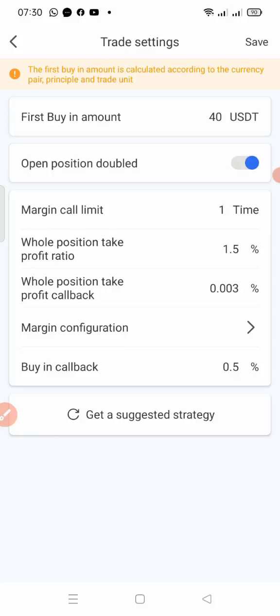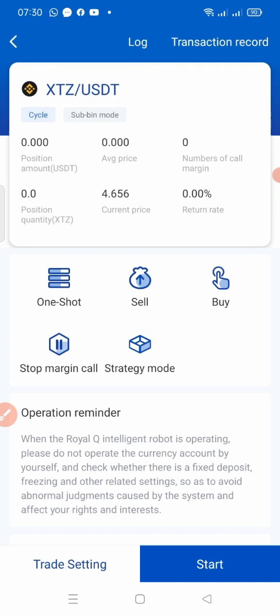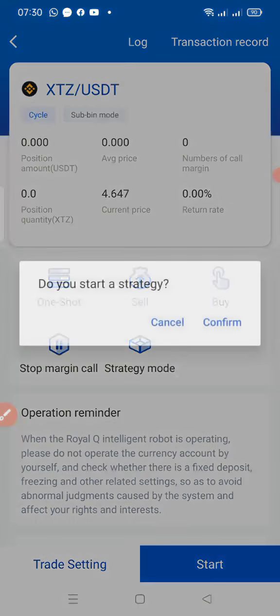Now remember, I don't even want to buy that deep. That setting I just put there is just for formality's sake. I'm going to disable margin call once I start this trade, so it's very important to make sure you don't have the fourth martingale. Margin call 1 deep, margin configuration confirm again, just 1 setting, and we save this. Then when you save it, you start the trade.